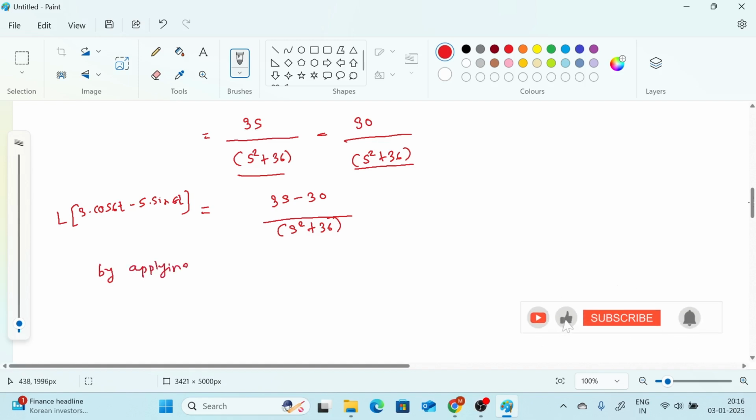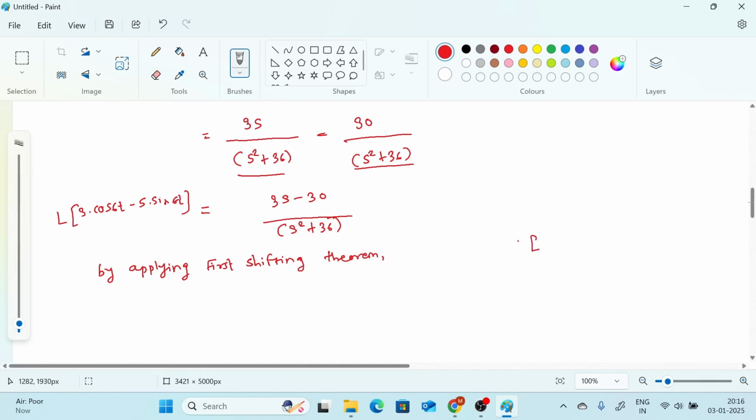the first shifting theorem. What is the first shifting theorem? Laplace of e raised to at times f of t is equal to F bar of s minus a. Now in this equation, what is the sign of the exponent?